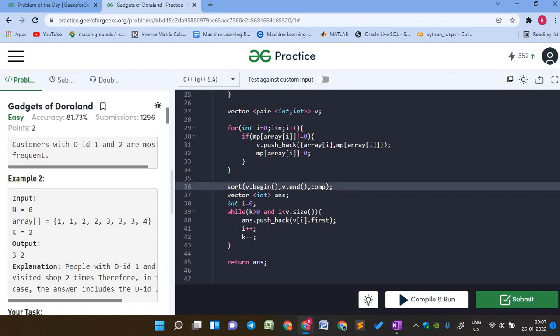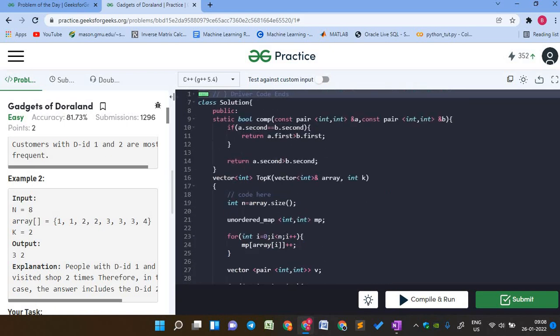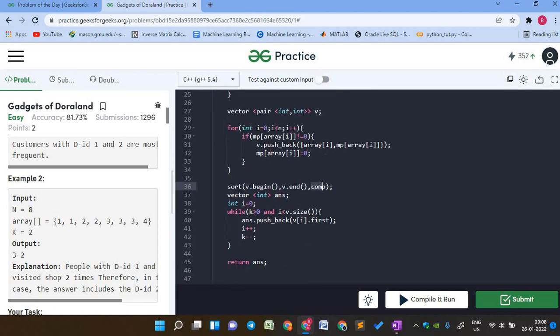If you want to sort according to some condition, you have to pass a comparator. Here the comparator does this: if a.second is equal to b.second, then return a.first greater than b.first. Otherwise, return a.second greater than b.second.